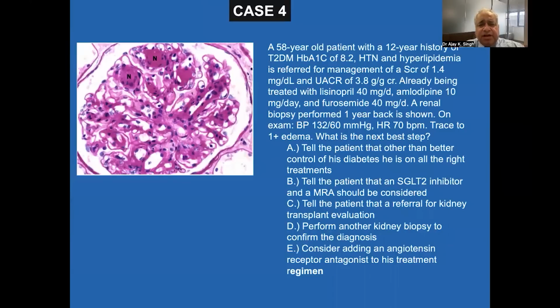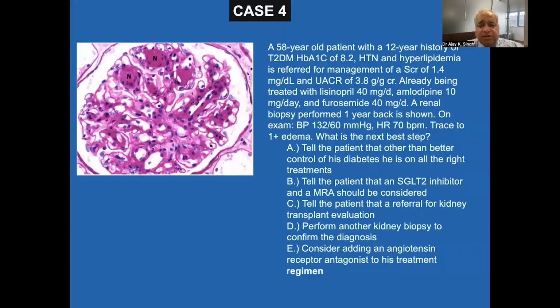This is a 58-year-old man with a 12-year history of hypertension and hyperlipidemia who's referred for management of a serum creatinine of 1.4 milligram per deciliter and a urine albumin creatinine ratio of 3.8 grams per gram creatinine. The patient's already being treated with lisinopril 40 milligrams per day, amlodipine 10 milligrams per day, and furosemide 40 milligrams per day.